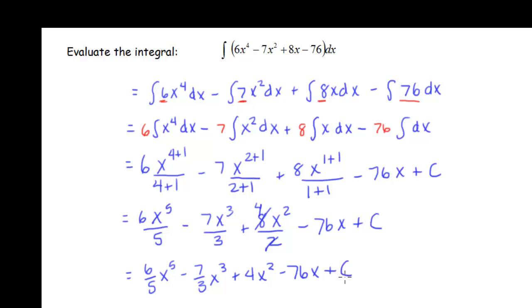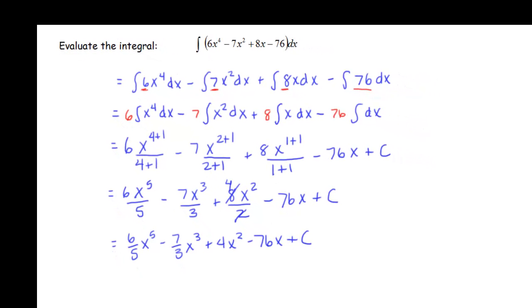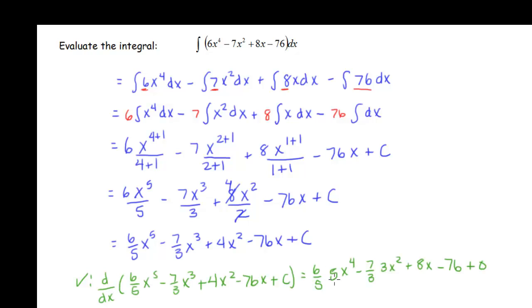Before we finish this video, one thing I want you to notice is that because these two operations, the integral and the derivative, are opposite, that means that we can check our work by taking the derivative of what we have here. If we take the derivative, we're going to have 6 fifths times 5x to the 4th.